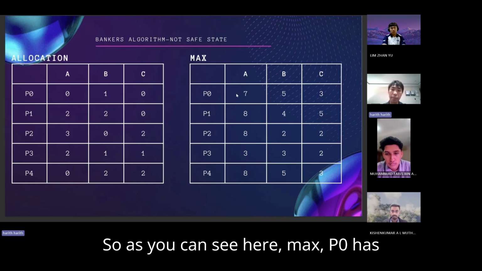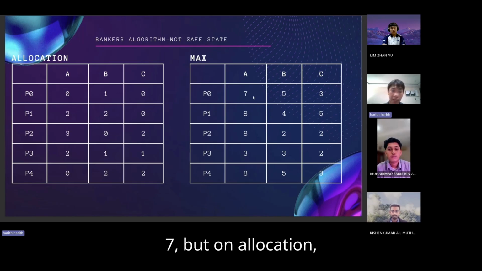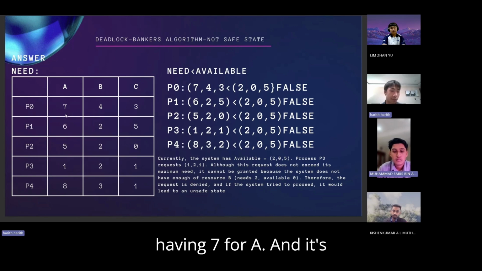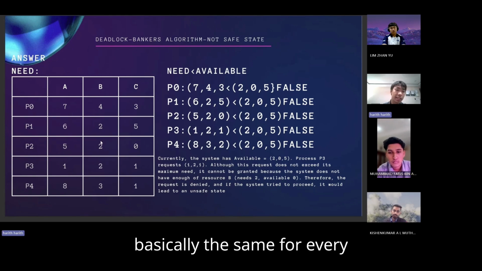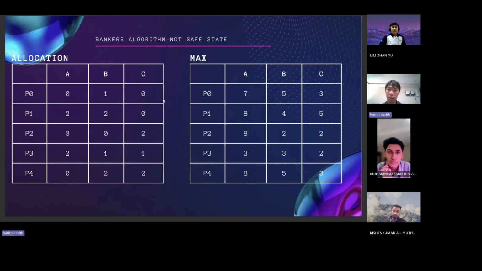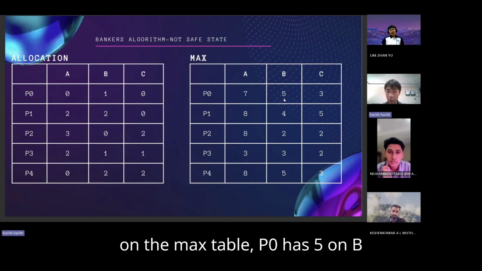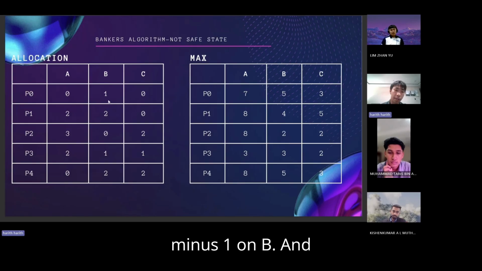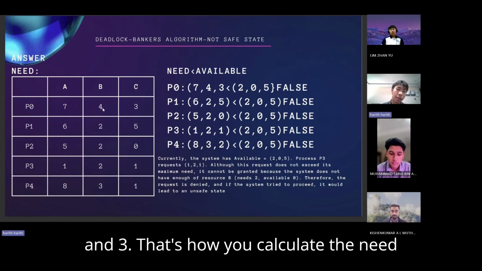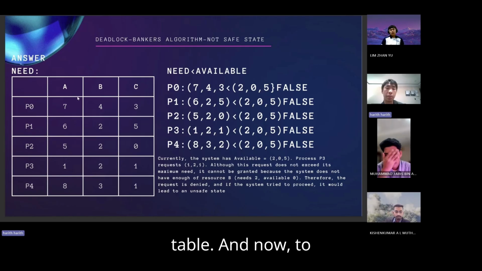As you can see here, max P0 has 7, but on allocation, P0 has 0, which results in the need table, P0 having 7 for A. And it's basically the same for every box, A, B, C. P0, 4 for B, because on the max table, P0 has 5 on B, minus 1 on B. And 3 for C, minus 0 on allocation, which results in 7, 4, and 3. That's how you calculate the need table.